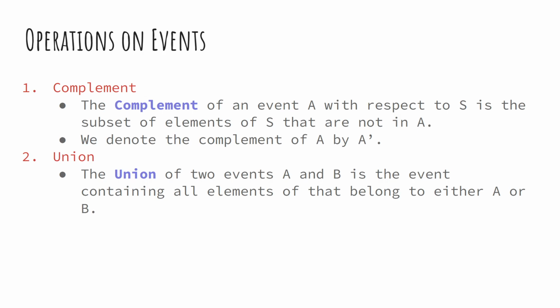You should get the set of students who have scored above 70%. So we denote it by A union B.